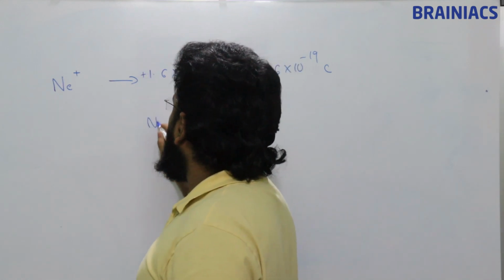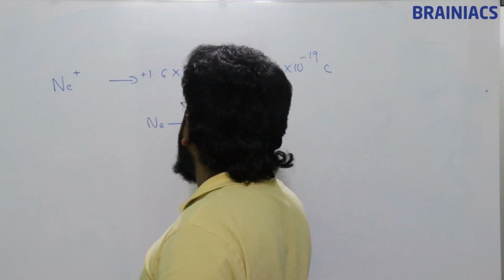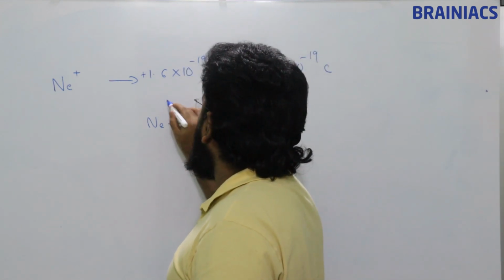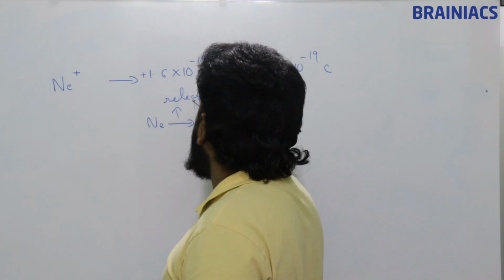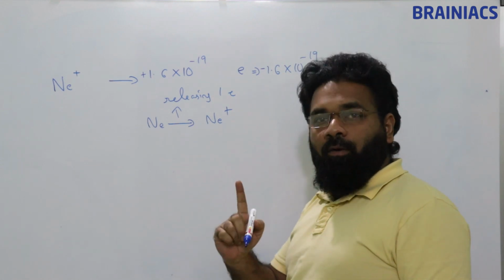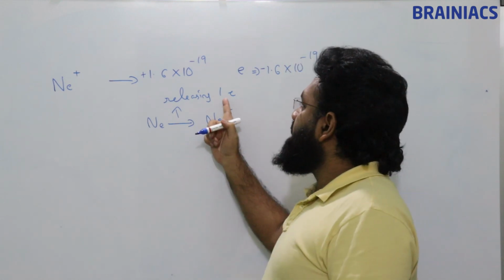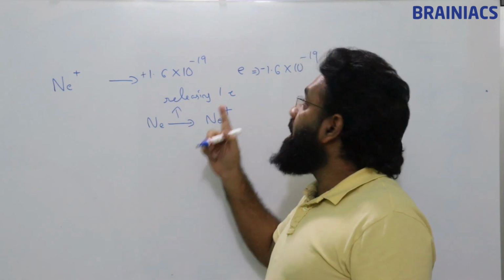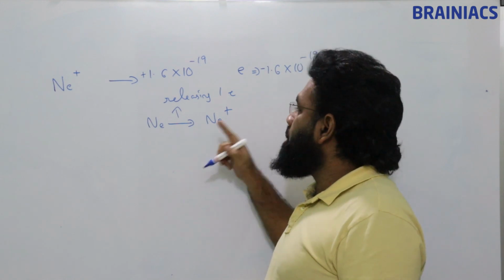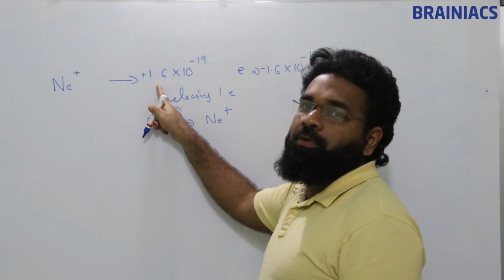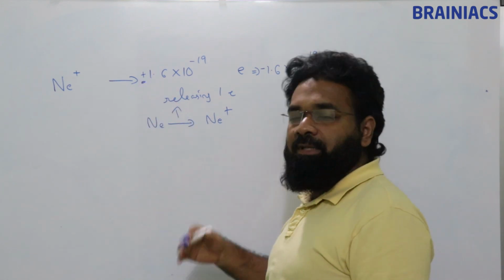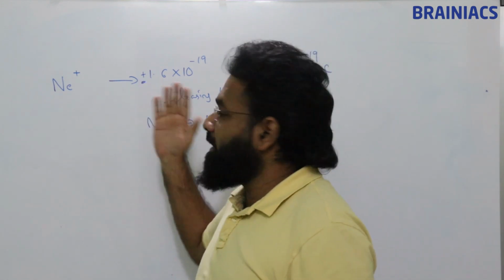Because neon becomes neon plus ion by releasing one electron. When it loses one electron, it is leaving 1.6 into 10 raised to minus 19 negative charge. So that is why neon plus will have 1.6 into 10 raised to minus 19 plus charge. That is the reason we have taken its charge like this.